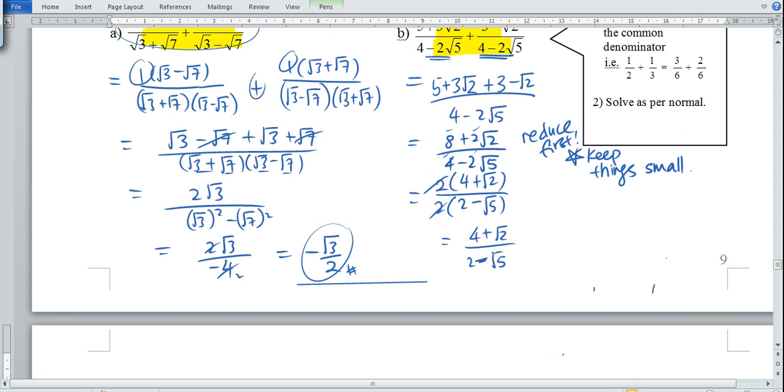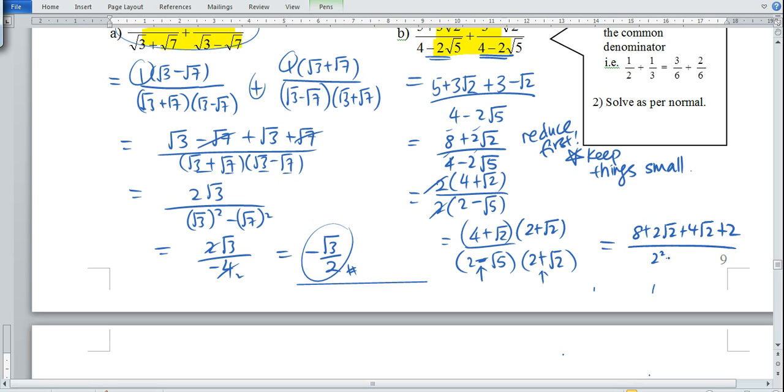And then now I rationalize the denominator with its conjugate. Just now it was minus, so now I use a plus. Okay, so simplify this by expanding the top, and below by expanding the denominator.